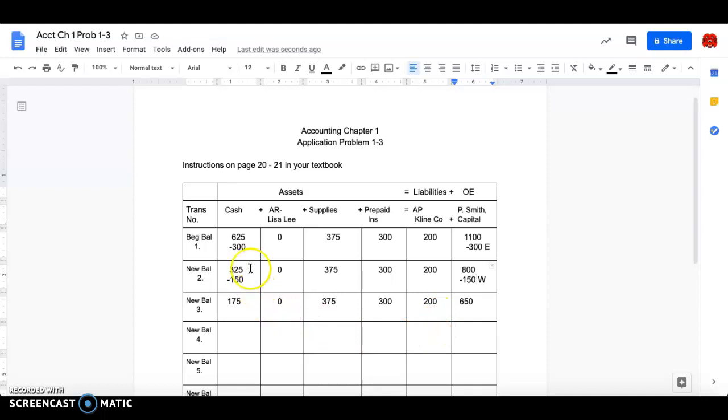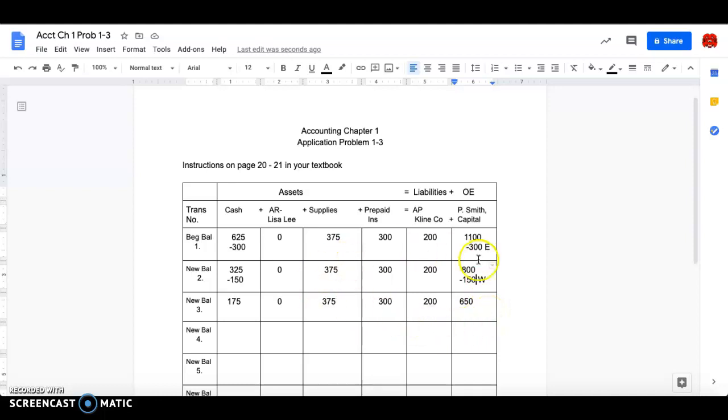All right, I'm going to make this be $325. I'm going to subtract out that I'm paying cash, and then I'm going to come over here, and I am going to show that this is also a decrease in capital because I'm taking out money, I have less equity. And I'm putting a W because it was a withdrawal.